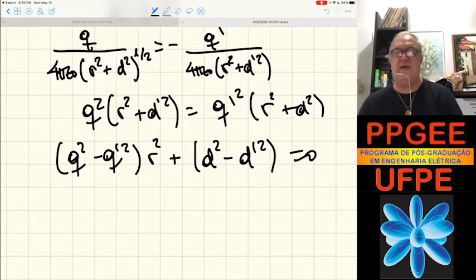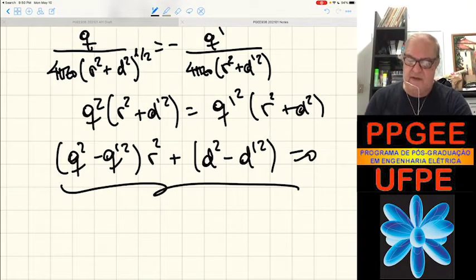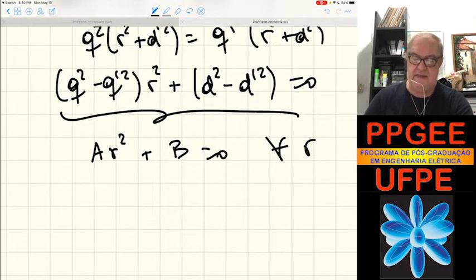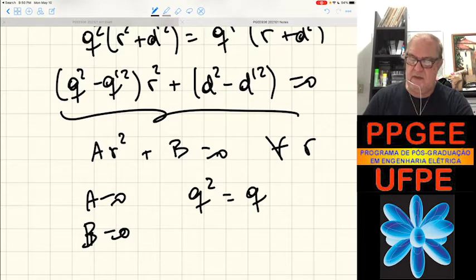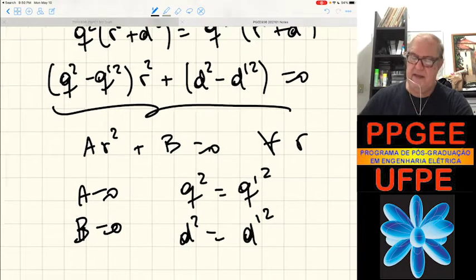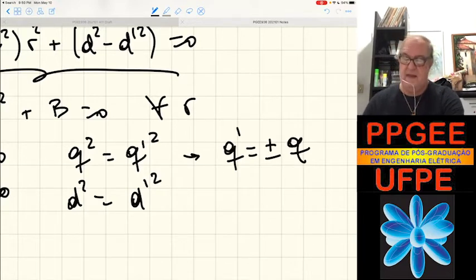We're doing this because we're going to use this as a general method. We end up with a function of r which is 0 whatever r is. It means that A has to be set equal to 0 and B as well. So Q squared equals Q prime squared and d squared equals d prime squared. Now the solution is Q prime equals plus or minus Q, and d prime equals plus or minus d.